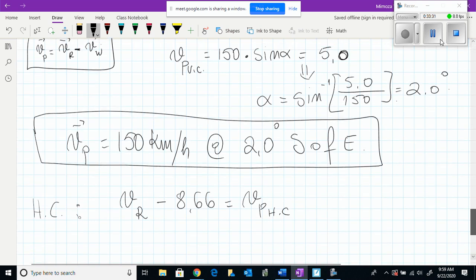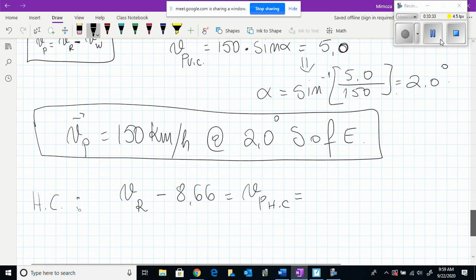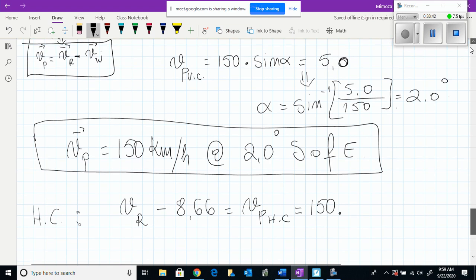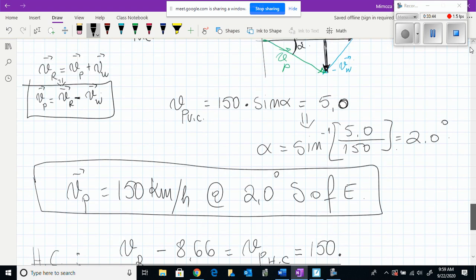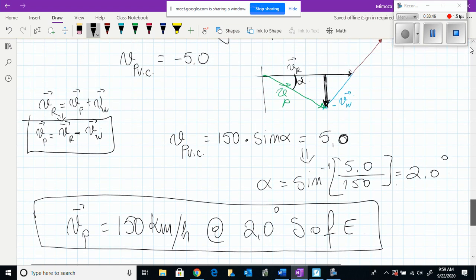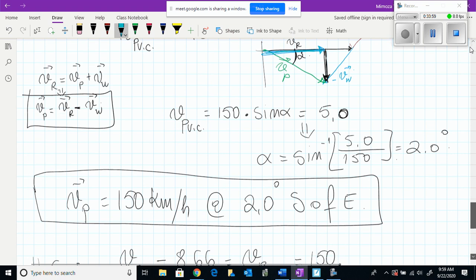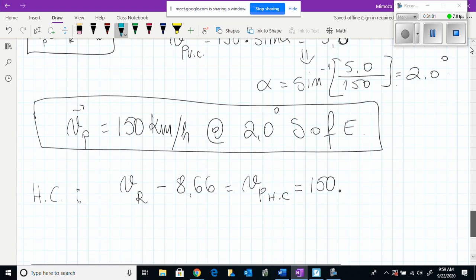So now the horizontal component of the velocity of the plane is 150 kilometers per hour times, if we take a look here at this diagram that we did, the blue line will be the horizontal component of the velocity of the plane, which is related to the cosine.